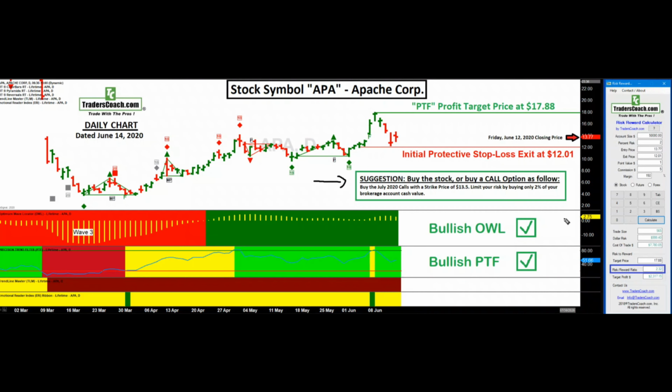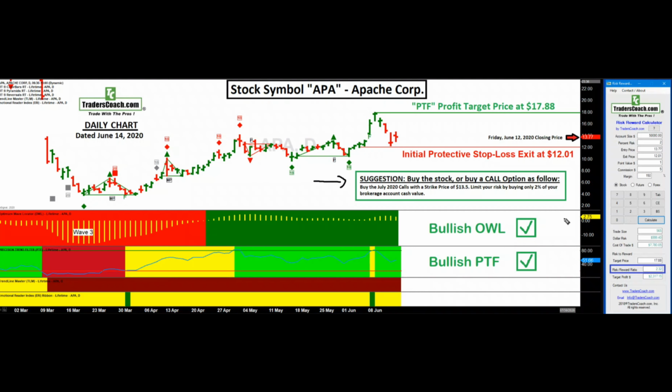So in other words, if you have a $50,000 account and you want to do an option play on this, 2% of $50,000 is $1,000. So just don't buy any more than $1,000 worth of a call. And then that's the most you could possibly lose even if the option expires worthless. All right, so that's a good way of doing it.